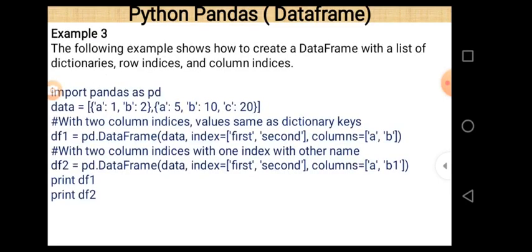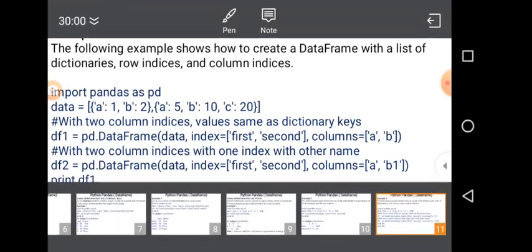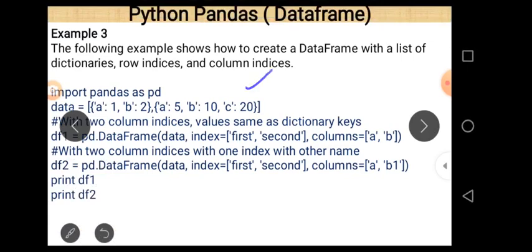Now again look at this program. There are values corresponding to a and b in dictionary 1, these are 1, 2, and in dictionary 2 these are 5 and 10, and in dictionary 2 there is also a value 20 which belongs to C. These are the values belonging to A and B, but there is no value belonging to b1.